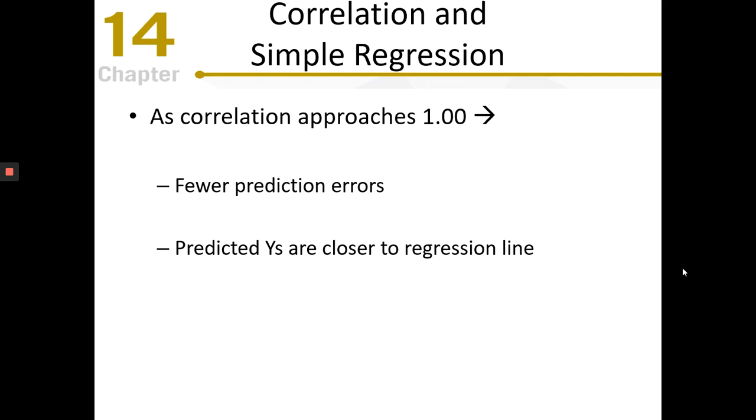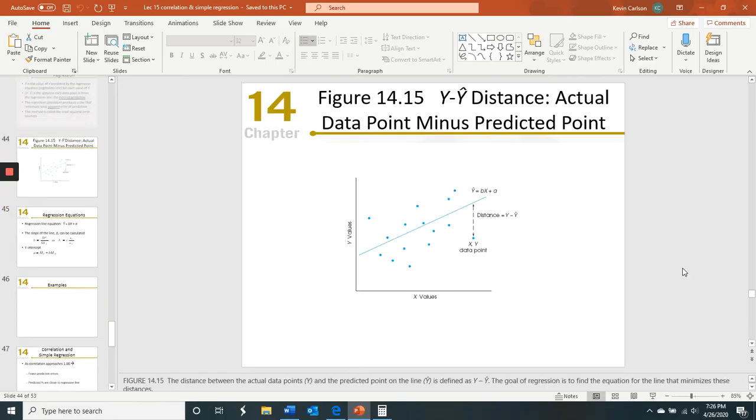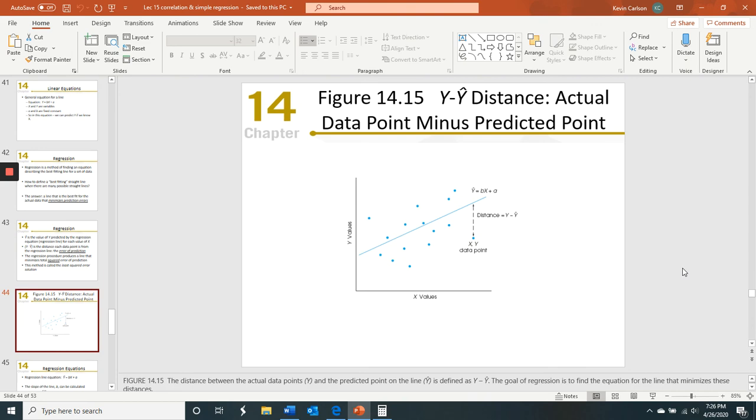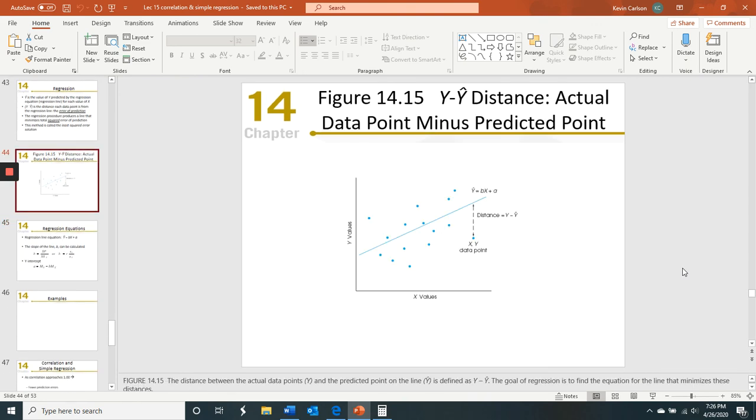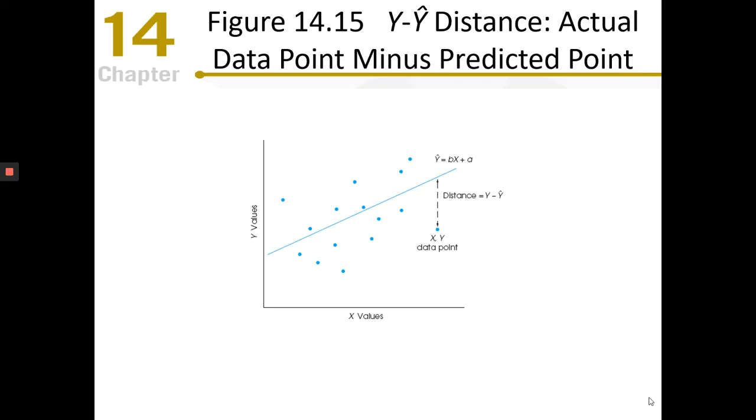If we have a lower correlation, then you're going to have a lot more errors between your predicted Y and your real score on Ys. And you can see that when we were actually looking at this stuff. So I'm actually going to go back a little bit. You can kind of see it in this one. It looks like the dots are quite a bit off.